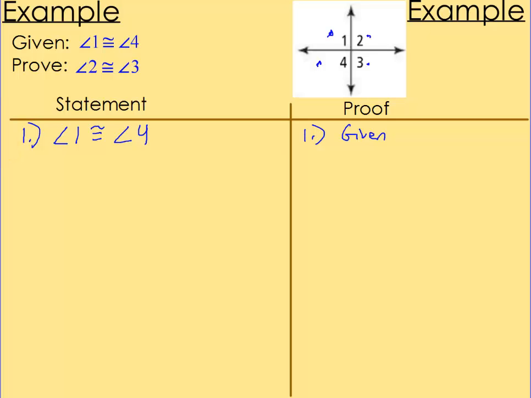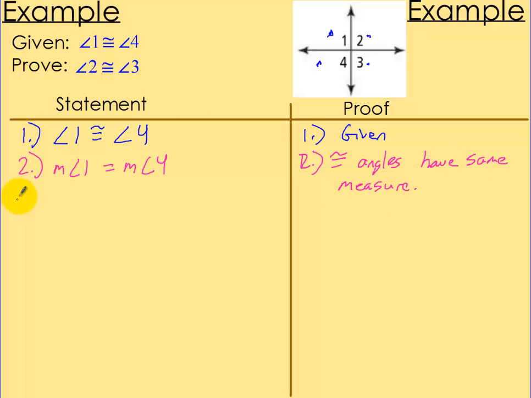Now my next step. Well, what can I do when I have congruent angles? Well, let's change it to measurement. So I can say the measure of angle 1 equals the measure of angle 4. And I can say this because congruent angles have the same measure. Alright, so now step number 3.